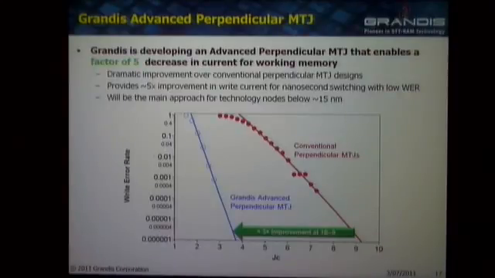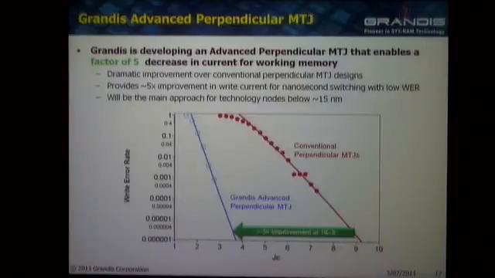The problem with this probabilistic type switching that you have in these MTJs is that in order to get to very low write error rates, you need to drive higher and higher currents through the MTJ. But we have a very novel structure that really dramatically cuts down on this write error rate, or the extra current you need to drive in order to achieve very low write error rate. So I'm going to be talking about this more in the next few months, but I just wanted to give a preview of it here because it's really quite a dramatic advance.